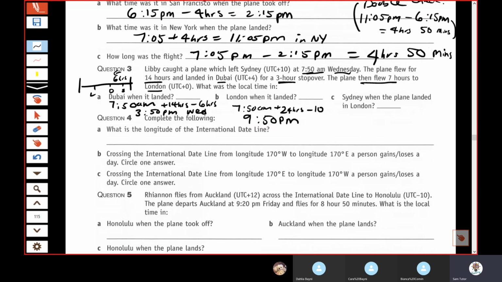So even if you did it from Dubai and you added 3 hours for the stopover, that means you left Dubai for London at 6:50 p.m. Then you got to add 7 hours to 6:50 p.m., which gives you about 1:50 a.m. But then London is 4 hours behind Dubai, so 1:50 a.m. take away 4, you're back to 9:50 p.m.